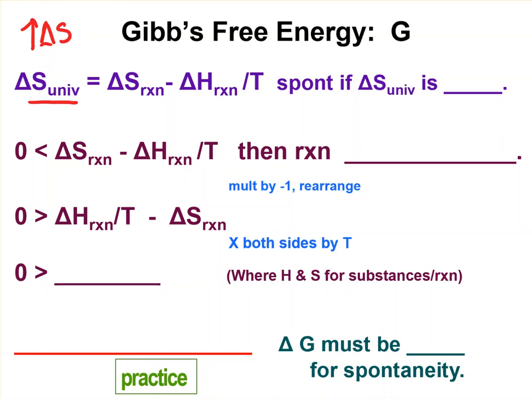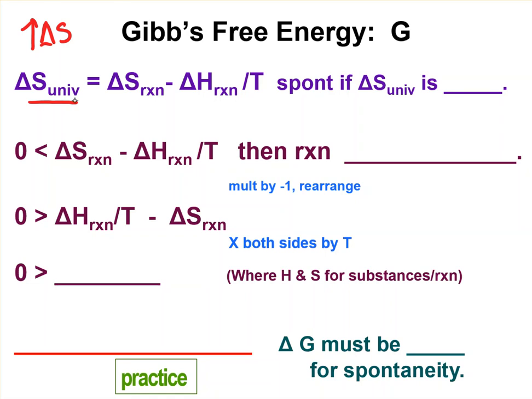And by that, we mean not just the substances that are undergoing the reaction, but also the surroundings that may be heating or cooling due to the reaction. Remember that if you're warming something up, its entropy is increasing. So we have to take both of those things into account to decide if a reaction is spontaneous, to decide if entropy is increasing for the universe.